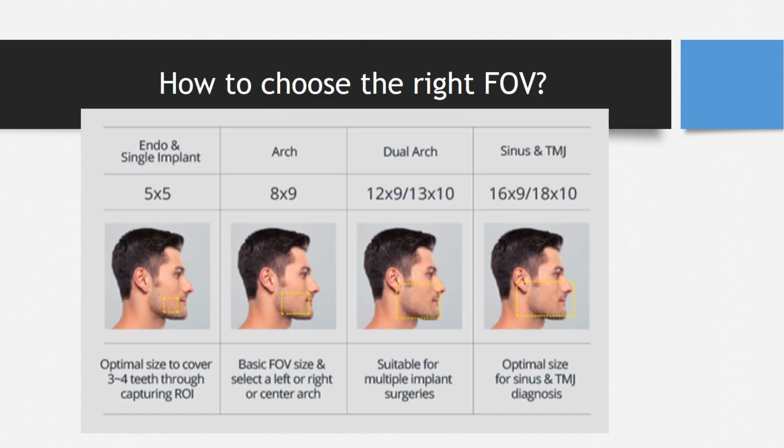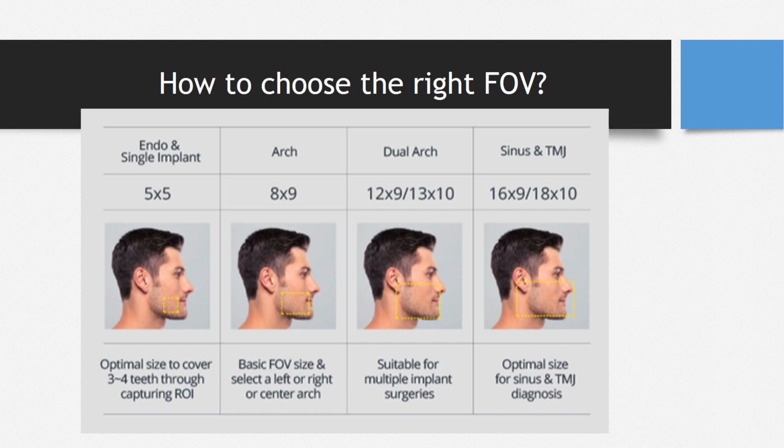How do you choose the right FOV? Again, your radiographer can help you choose it, or you could choose it for the patient based on the task that is required. For example, endodontic purposes where you have to see a single tooth, complex RCTs, single implants, a smaller FOV is better. It is enough to cover three to four teeth and to cover the area of interest.